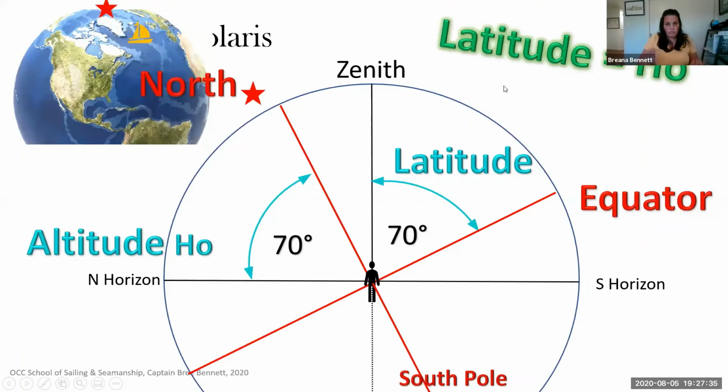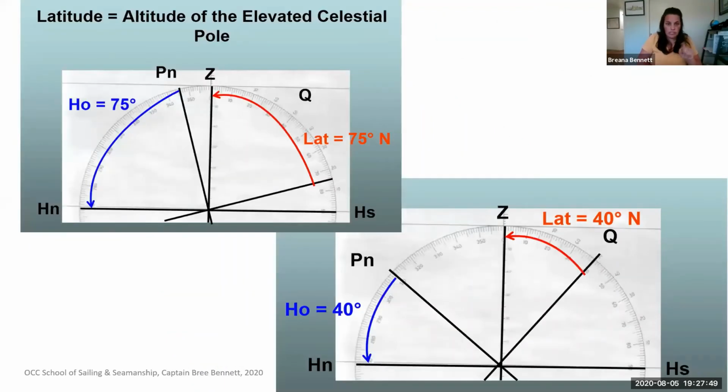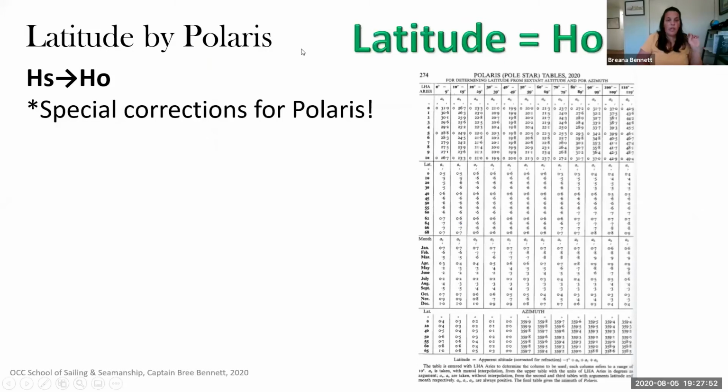Okay, so we're going to go by the rule that our latitude is equal to the Ho of Polaris. This is another example of it. When we calculate our Ho of Polaris, we have a special table.